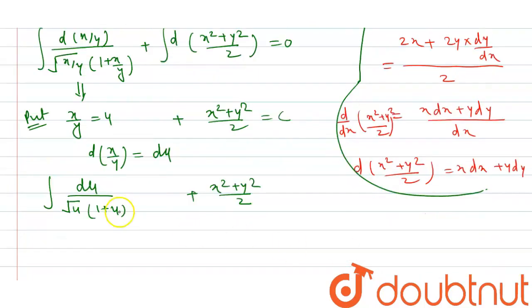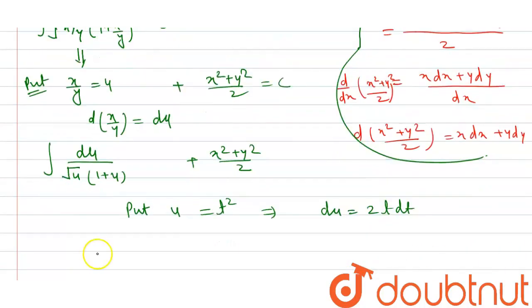Now coming back to our calculation, put u equals t², which implies that du equals 2t dt. So here you will get 2t dt divided by t times (1 + t²).